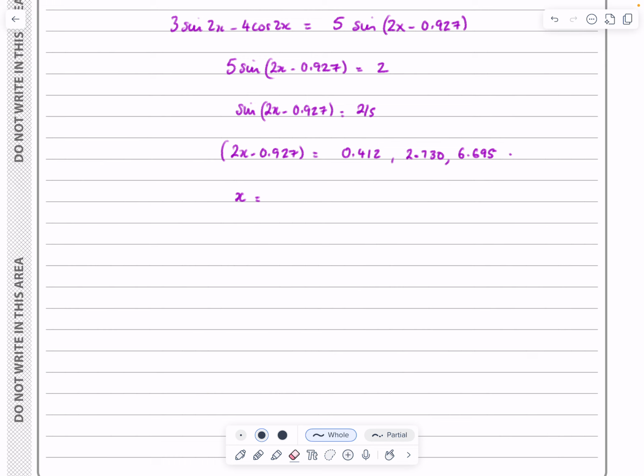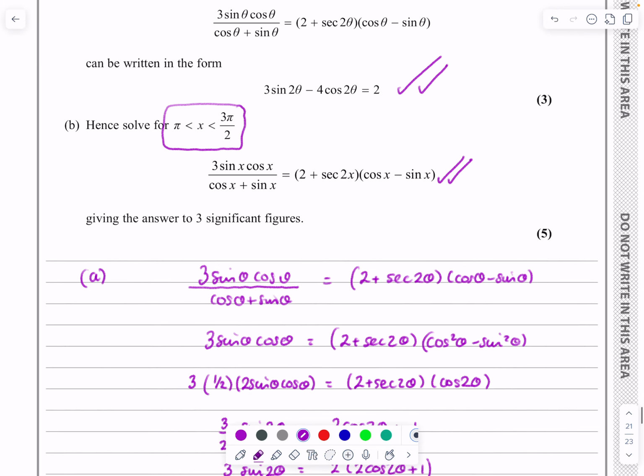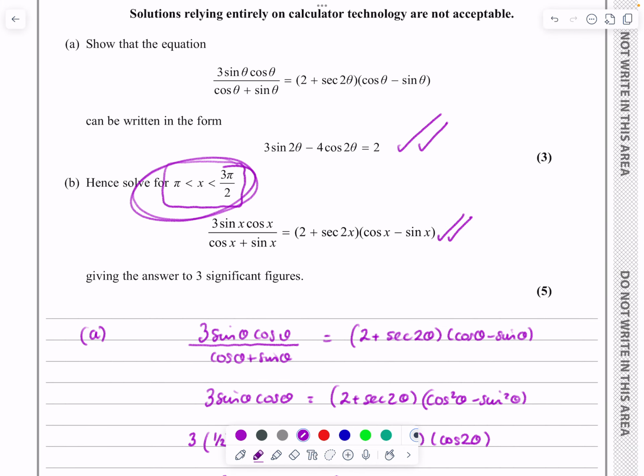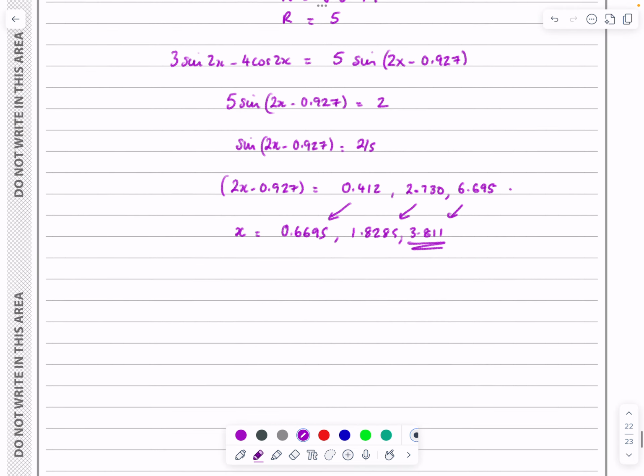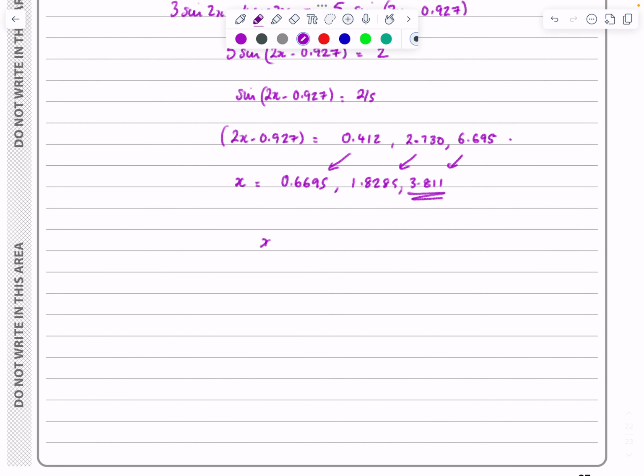And what we get from these when we do that is 0.6695, I don't know, 4 decimal places, doesn't really matter, does it? 1.8285 and 3.811 once we've done the rearranging, and that one there, the 3.811, is the only value that sits in between that range. Oh, we want it to 3 significant figures. Okay, so I'll answer it properly. So x is equal to 3.81 then, to 3 significant figures.